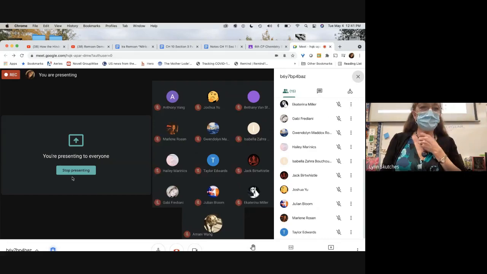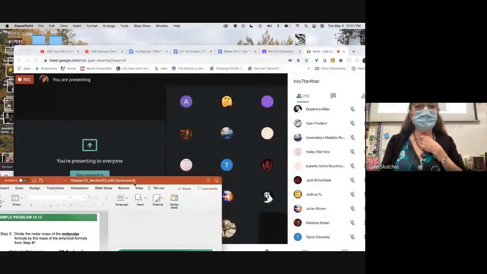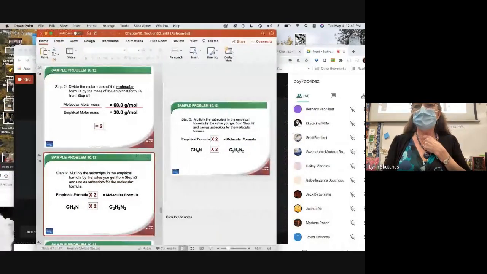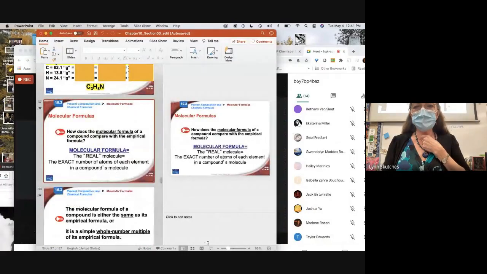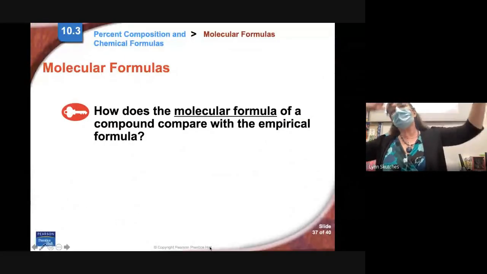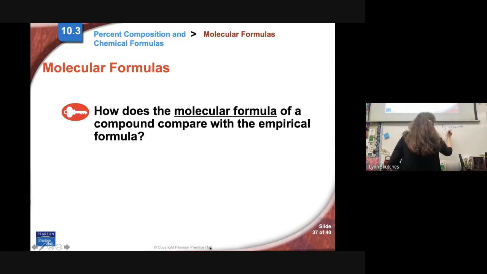Beautiful. Here we go with a little bit on molecular formula. So molecular formula is the formula of the real molecule. Sometimes they're the same. Sometimes it's a multiple. Occasionally, like water, H2O. The proportion of hydrogen to oxygen, 2 hydrogens for every 1 oxygen.